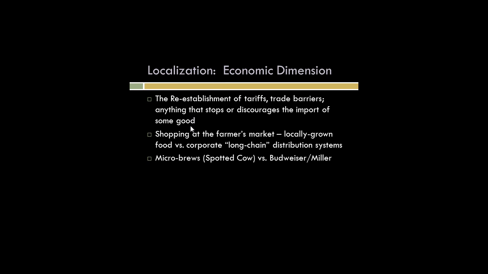There are, however, some other really good examples of localization. One of them is probably really typical. Increasingly, there are people all across the world, and in particular here in the United States, that are, especially during the summer months, shopping at farmers markets, as opposed to going to the Jewel-Osco or the Century or the Walmart, especially for their fresh produce.